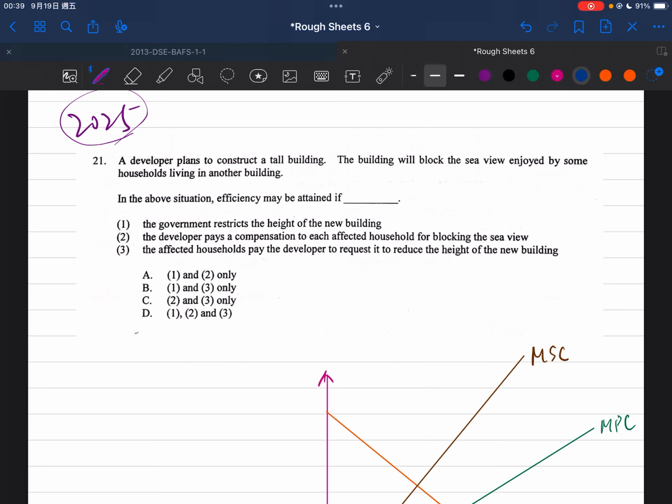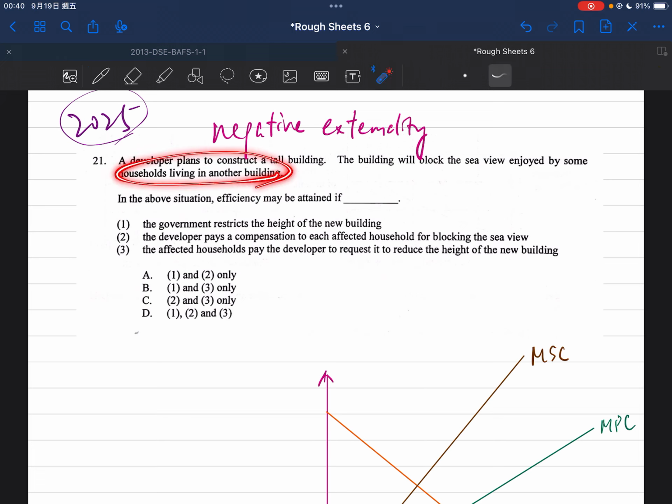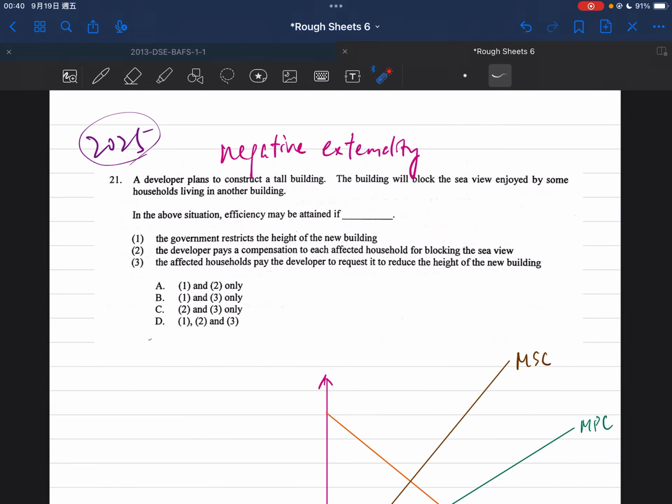So this is a negative externality, because this will cause some external cost to the nearby residents, which is blocking the sea view. But be reminded, the developer will not pay compensation for blocking the views, because it does not state that. So this causes a negative externality.